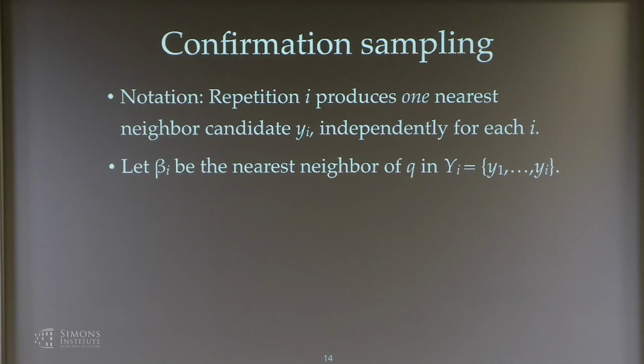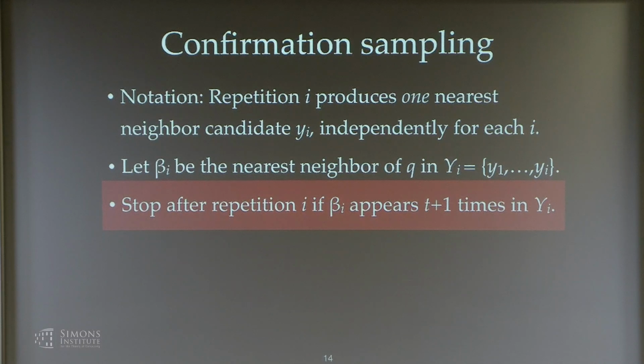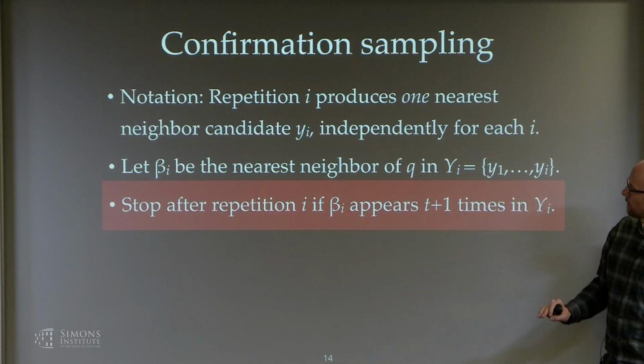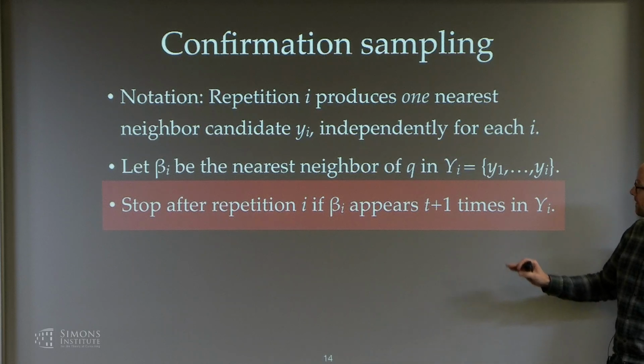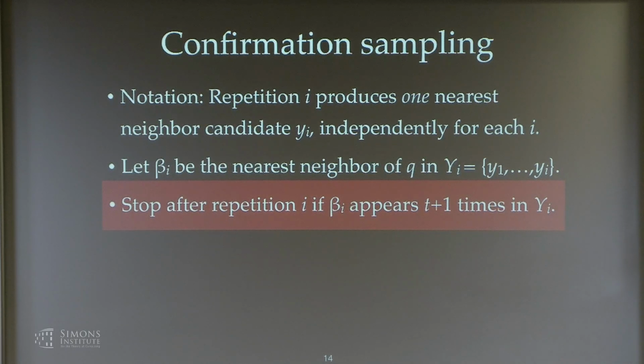Okay. So now the stopping rule is that if in repetition i we see copy number t plus 1 of the current best nearest neighbor. So in other words, if beta_i appears t plus 1 times in the candidate set so far, we stop. Okay, so t here is just a parameter.